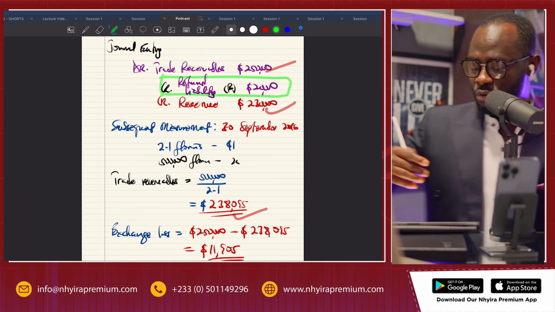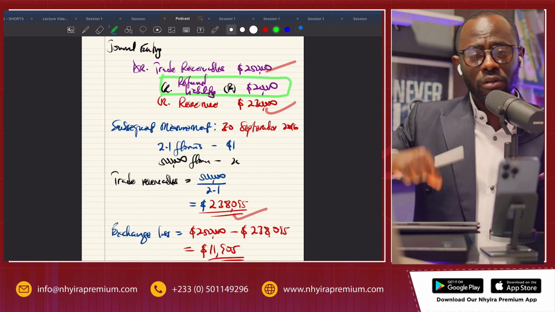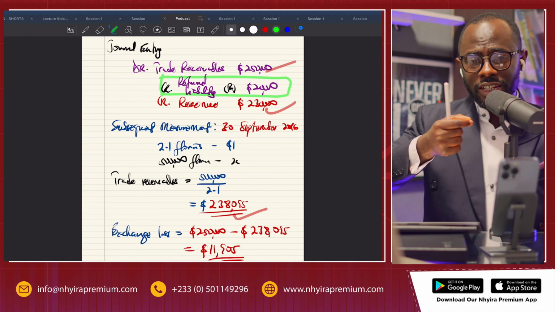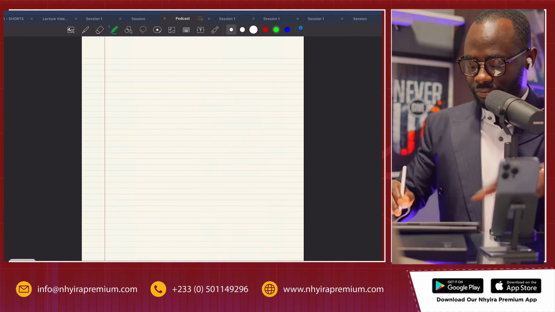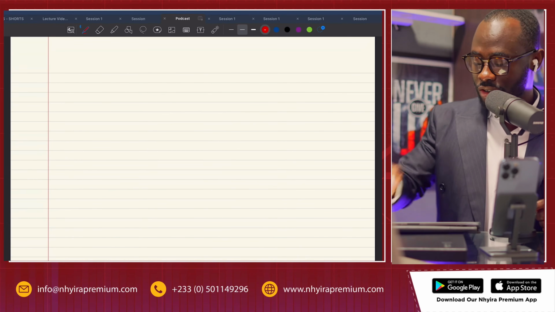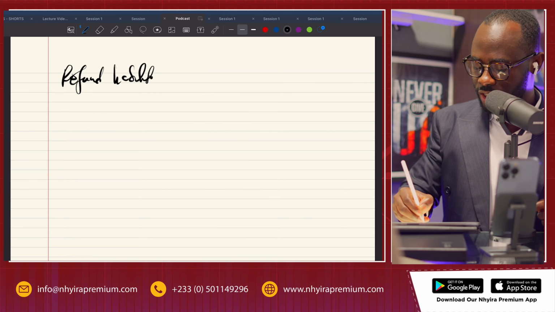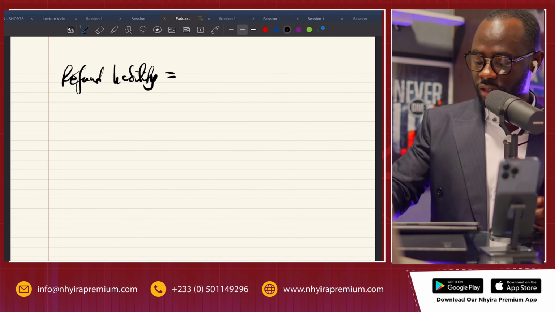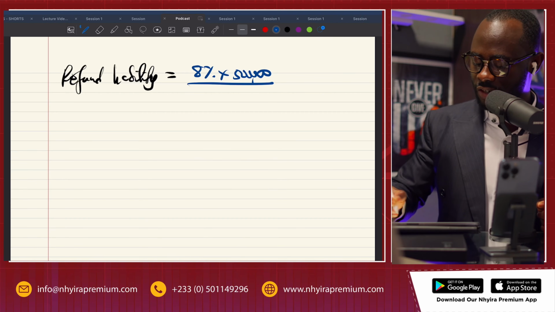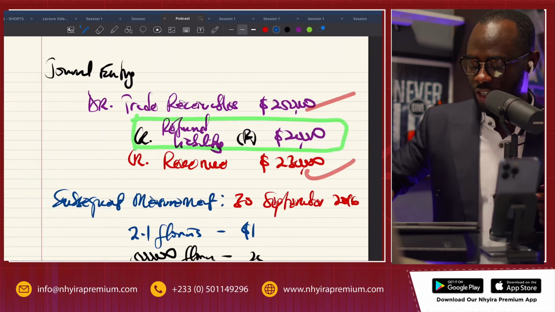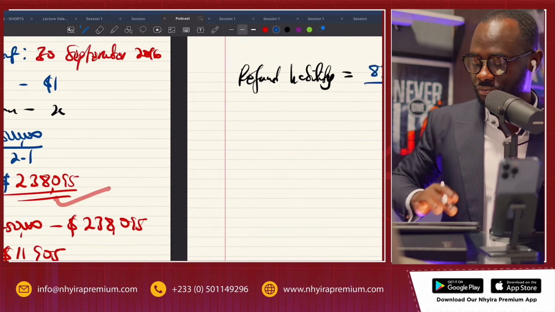So we have to translate the refund liability also at the reporting date so that we get a foreign exchange gain or loss, which will be brought in the P&L account. The refund liability that will go on the face of the statement of financial position will be, remember it's 8%, 500,000 divided by 2.1 now, because at the reporting date the exchange rate is now 2.1 to $1.